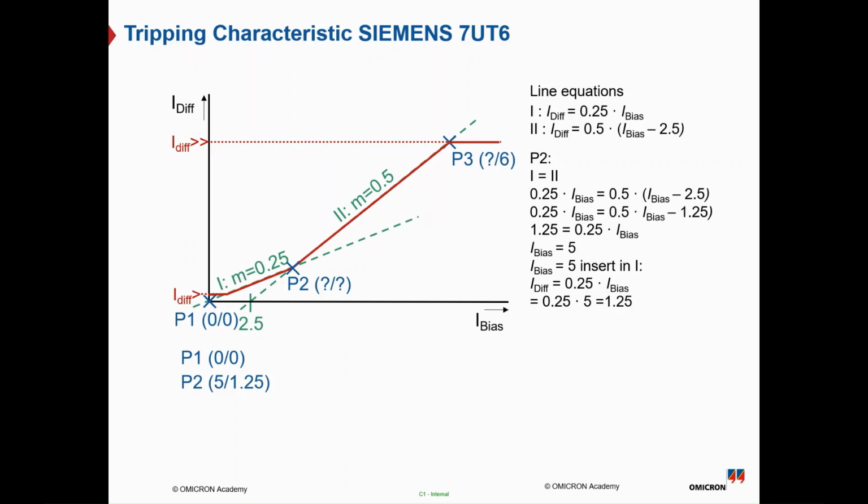So point 2 will be 5 and 1.25. Then for point 3, by substituting the I diff double greater, which equals 6 per unit, you can get the I bias, which is 14.5. So we have points 1, 2, 3 for another example for the Siemens 7UT6 relay.